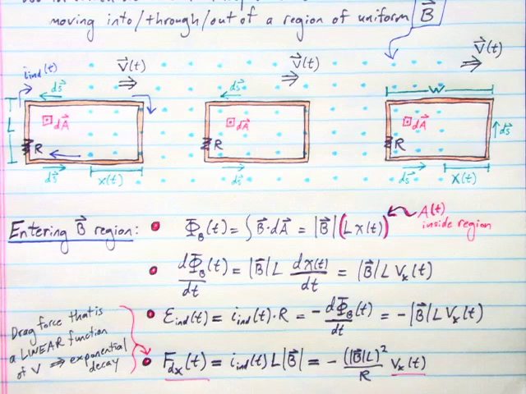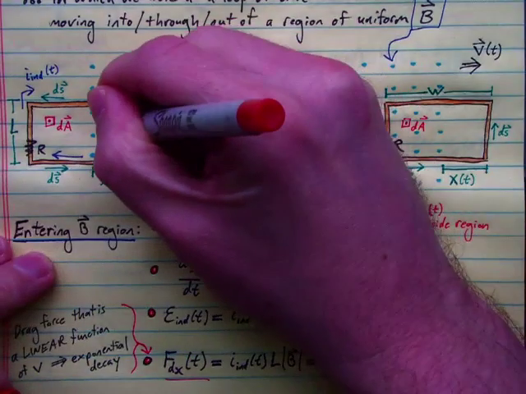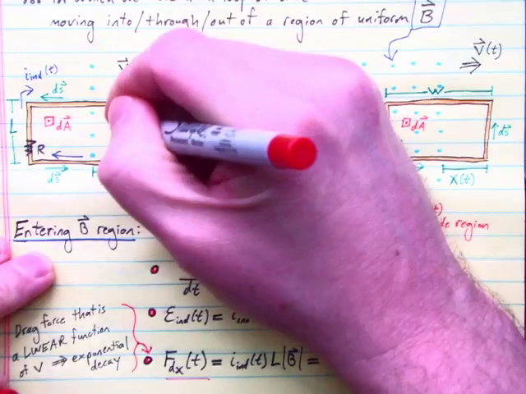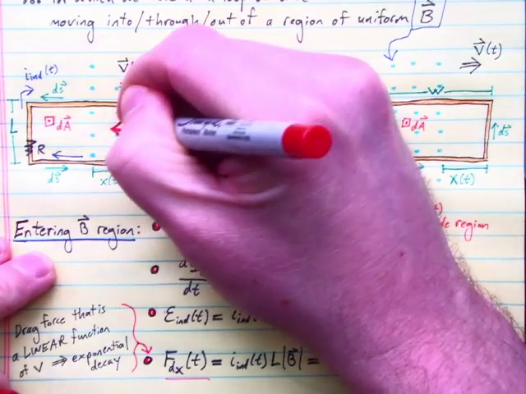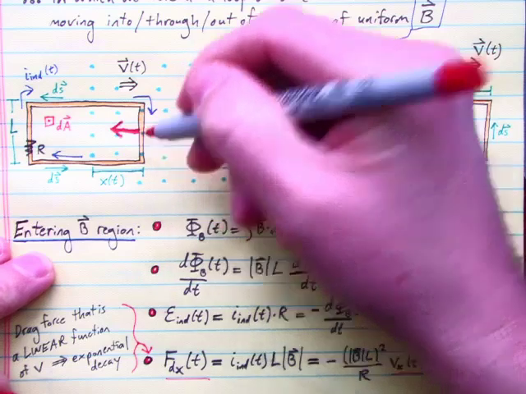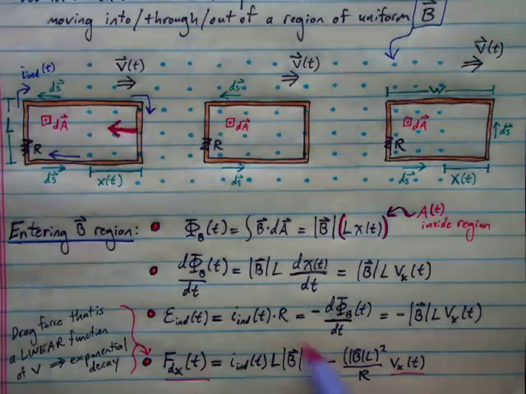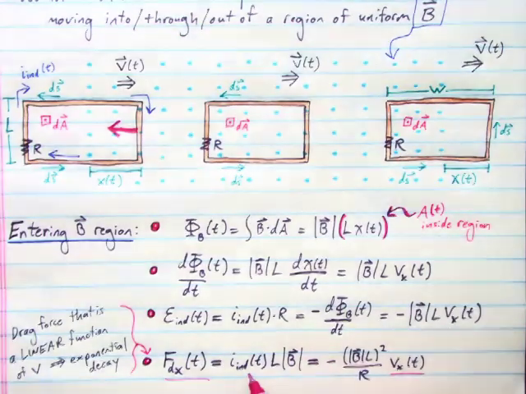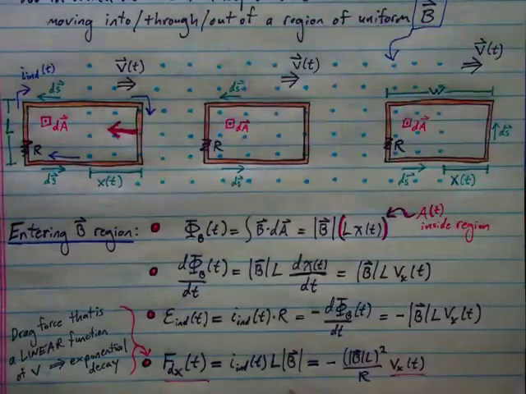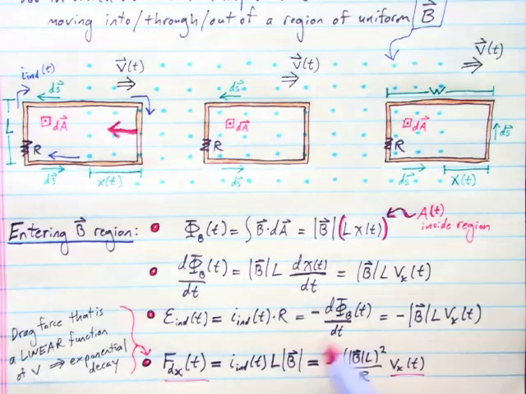There will be a leftward force on this segment right here, with a size given by this expression. This is our I L B. So our induced current times the length L times the B field strength along that wire.